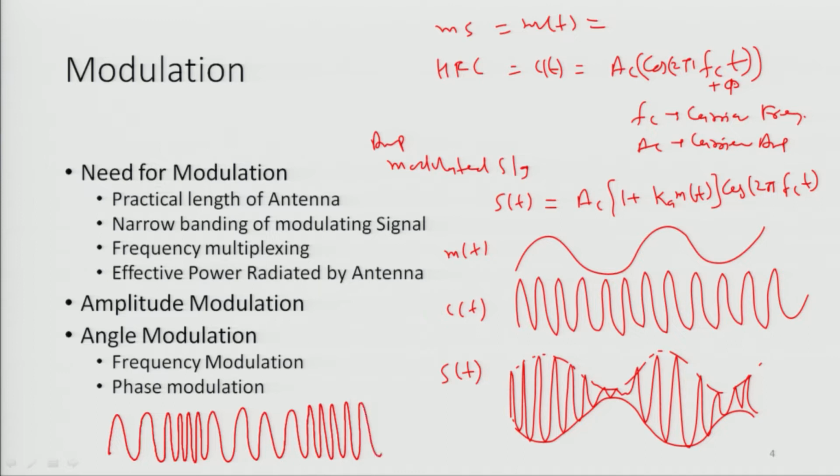At the peak you are getting a high frequency signal, and at another peak again you are getting a high frequency signal. In between its frequency is varying as per the amplitude of the modulating signal.